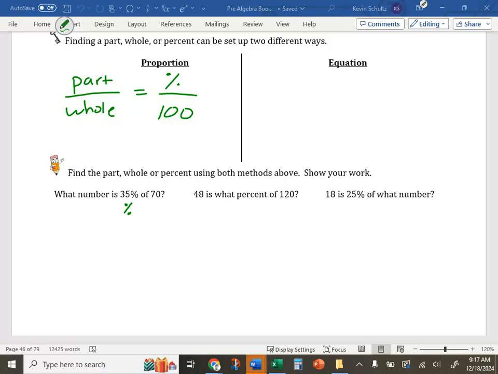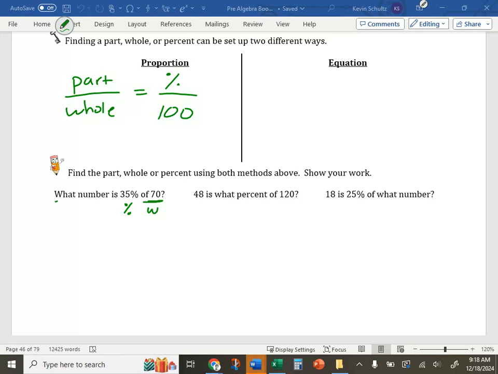Is that a whole or is that a part? Look at what comes before it. Of. The word of. That word of is a hint that you are being given the whole. Of 70, that's your whole.